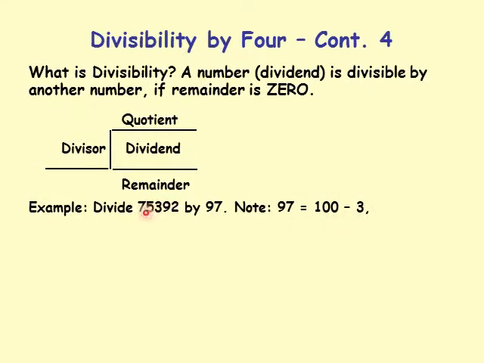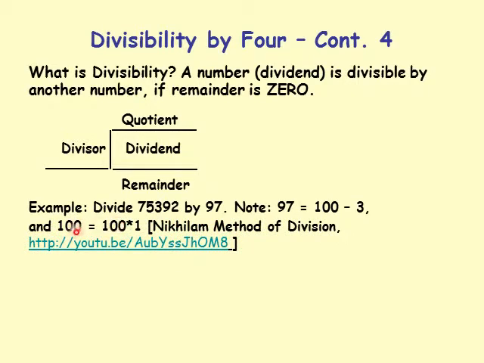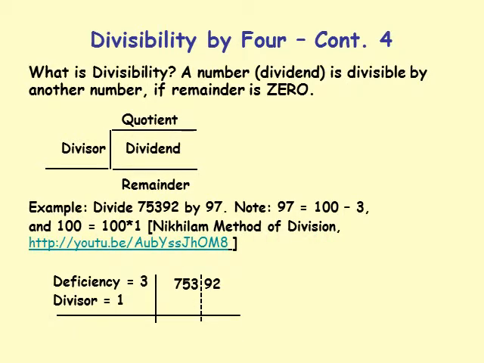Here's an example, Nicola method, 75392 by 97. Note that 97 is equal to 100 minus 3, and the 100 is 100 times 1. The Nicola method of division is described in this video here. We set up the problem like that: 75392, the efficiency is 3, the divisor is 1.